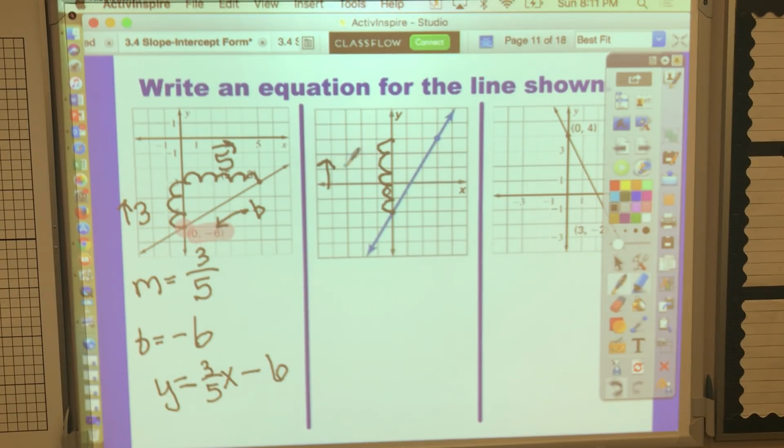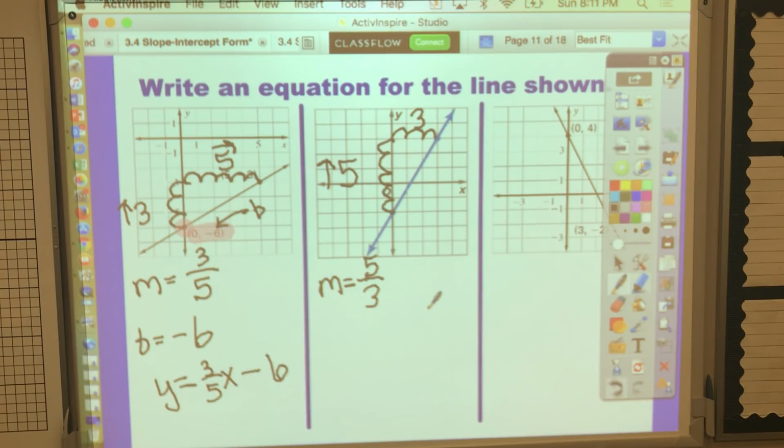Up represents a positive number, and over 1, 2, 3. So my rise is 5, and we went up, so it stays positive, and my run is 3. This doesn't reduce. It could become a mixed number, but we never write slope as a mixed number, so it stays 5 over 3.